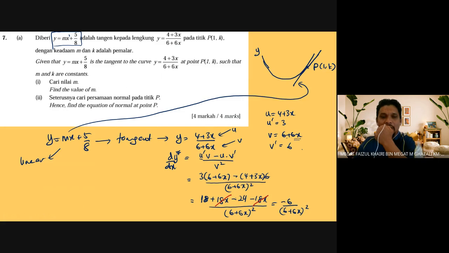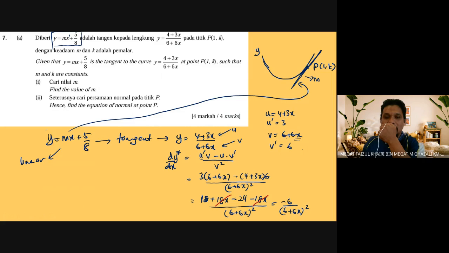Now listen to me. Given this linear y equal to mx plus 5 over 8, this is a line of tangent, which means that this line touches the curve at one point, and they give you one gradient, satu kecerunan. This is a function of y.